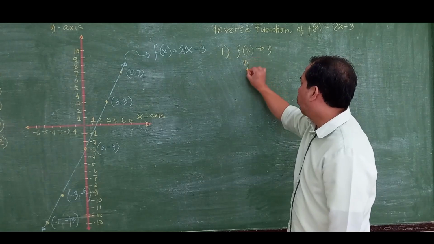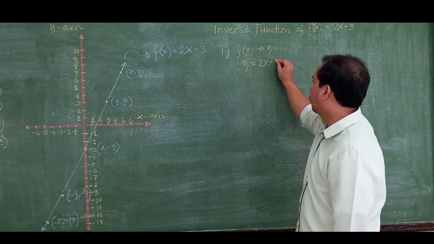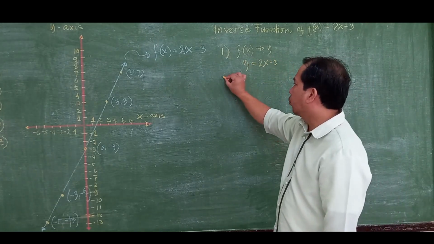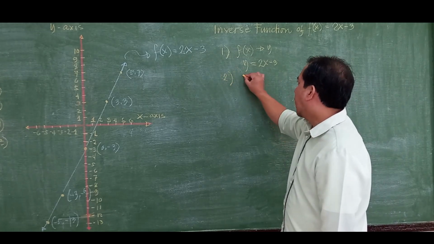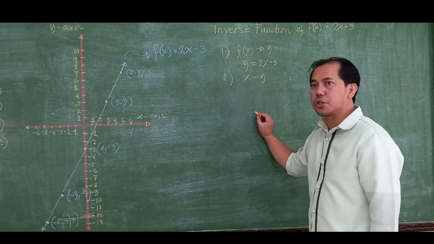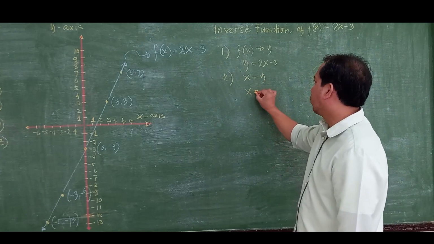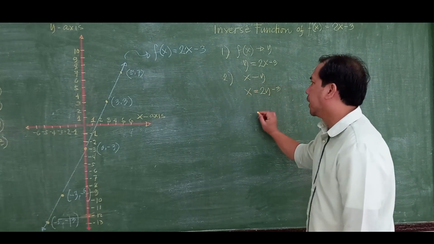We say y is equal to 2x minus 3. What is the next thing that you will be doing? Interchange x and y. So meaning to say, we will be having now x is equal to 2y minus 3.